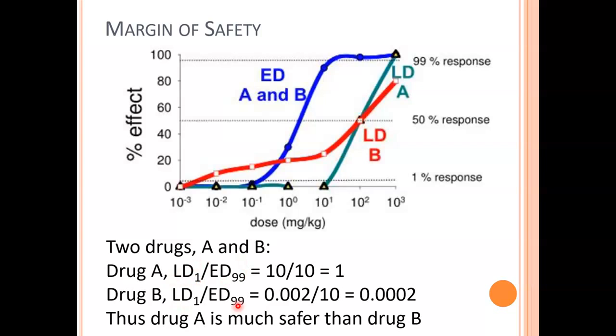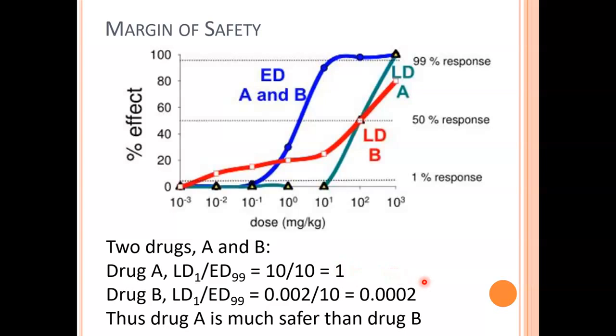However, if you use the LD1 divided by the ED99, the ED99 is the same for both, but all of a sudden the LD1 for drug B is way, way, way smaller compared to the other one. So if we plug those in, we quickly see that drug A has a therapeutic index of 1.